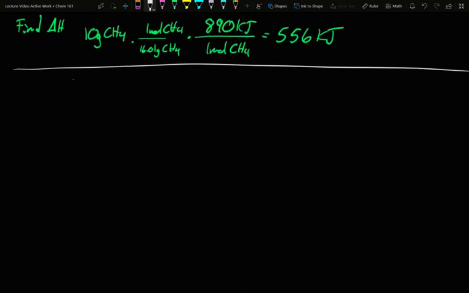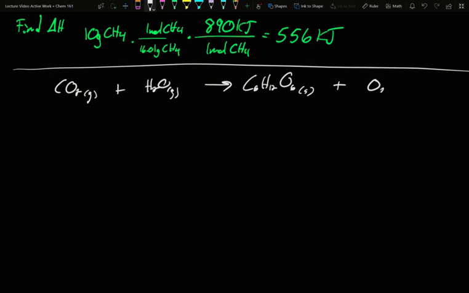We can do reactions like CO2 plus water goes to sugar, C6H12O6 solid, plus dioxygen gas. And it is a 6 to 6 to 1 to 6 ratio.